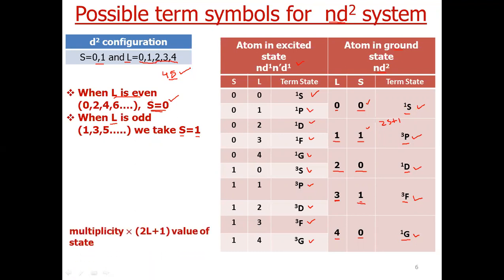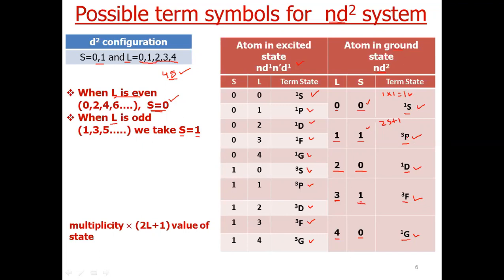We already have the formula to calculate the number of microstates to which a particular term state can be assigned. The rule is multiplicity multiplied by 2L plus 1. For the 1S state, multiplicity is 1 and capital L is 0, so 2 into 0 plus 1 is 1. So the 1S term state accounts for only 1 microstate.